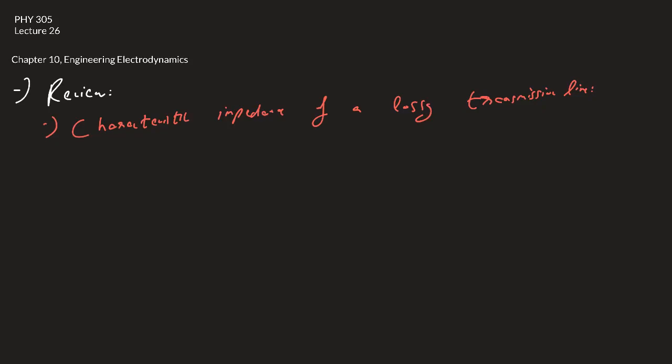And we basically found that for a lossy transmission line which has a non-zero series resistance R and a non-zero shunt conductance G, you find a characteristic impedance Z0, which is equal to the square root of (R plus iota omega L) over (G plus iota omega C).